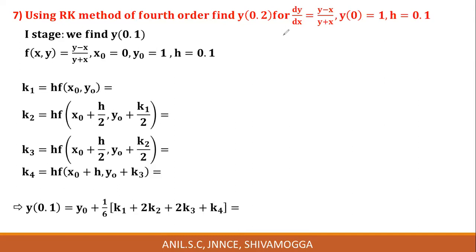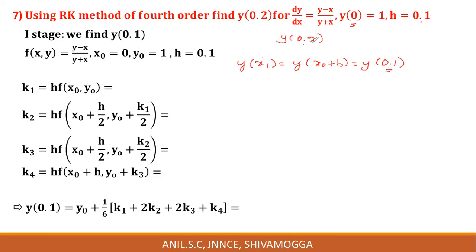Required is y of 0.2 and the outcome in each step is y of x1, where x1 is given by x0 plus h, equal to y of x0 plus h. Here x0 is equal to 0 and h is equal to 0.1. 0 plus 0.1 is 0.1. Y of 0.1 will be the outcome.